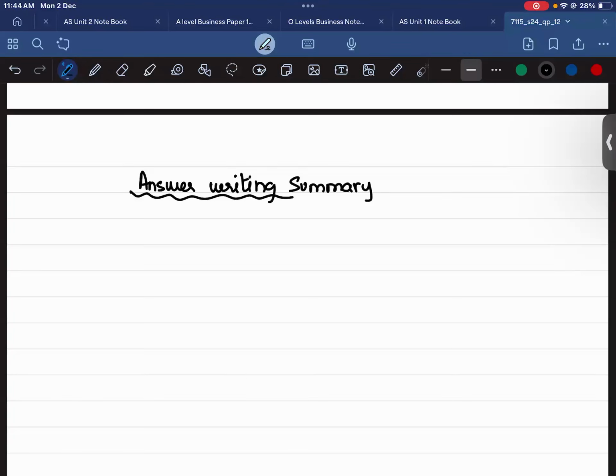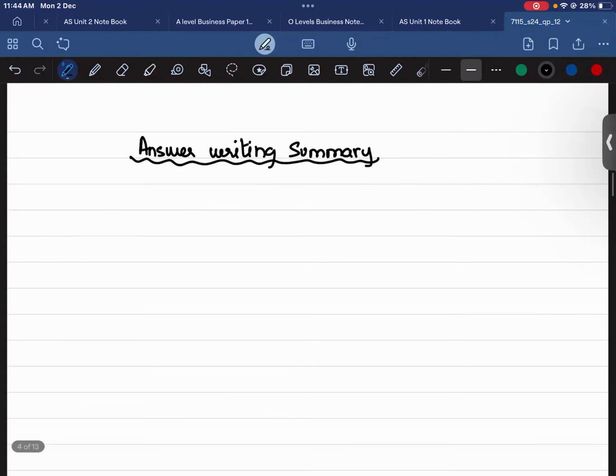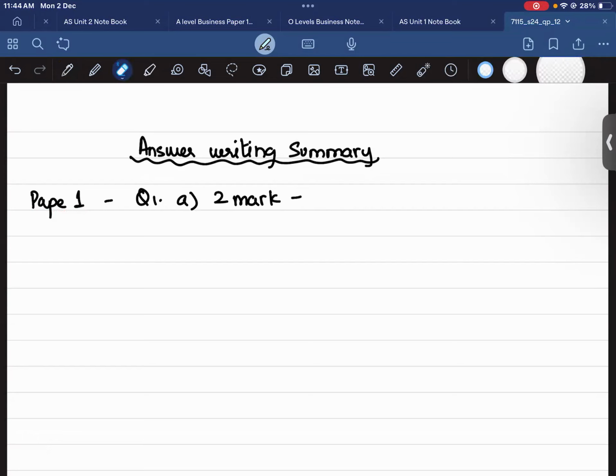So the answer writing summary is that in paper one, each part is 2 marks. So you have to write 2 knowledge points.